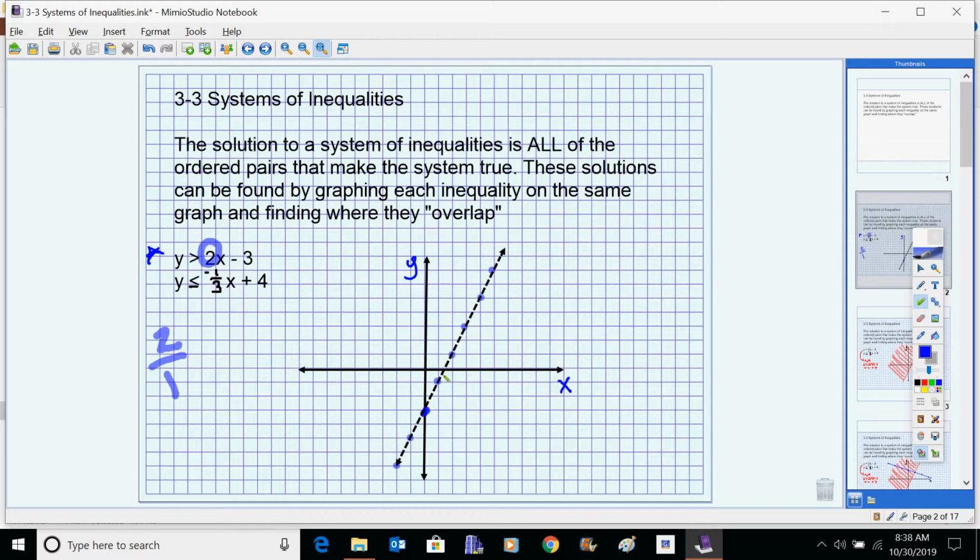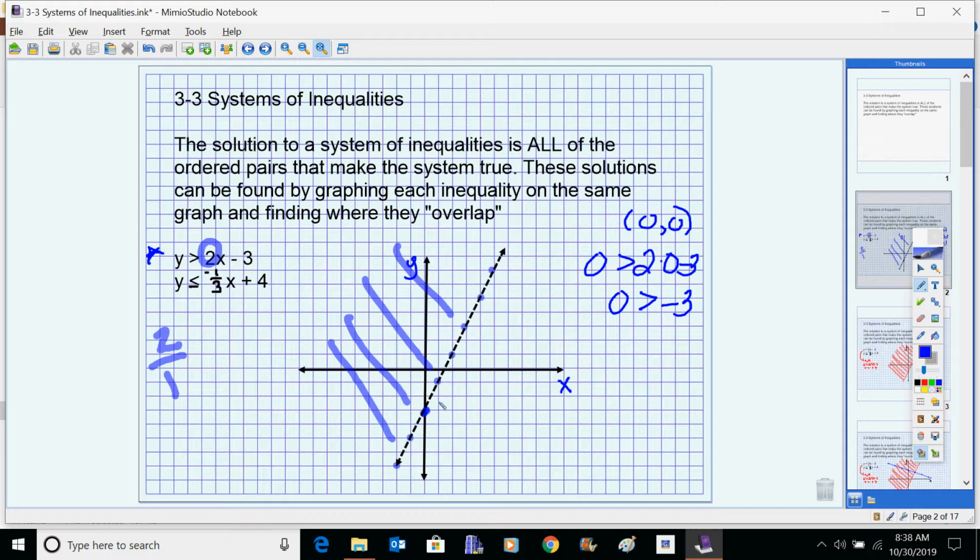It's above, which would be this side. But if we needed to do a test point, you could plug in 0, 0. So 0 greater than 2 times 0 minus 3. Remember, we're testing the point 0, 0. And so 0 is greater than -3. That's true. So here's 0, 0. So we're hitting this side.